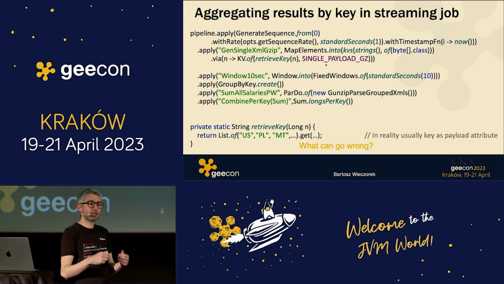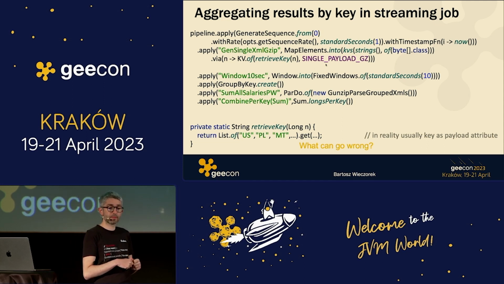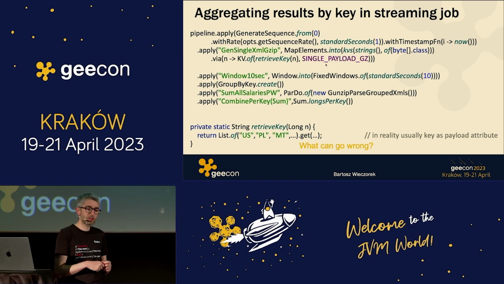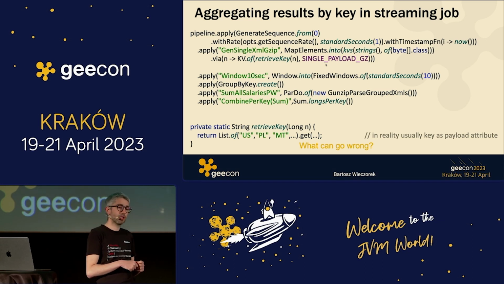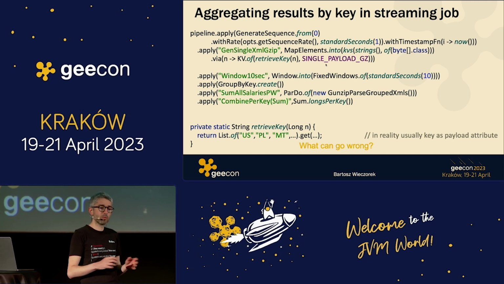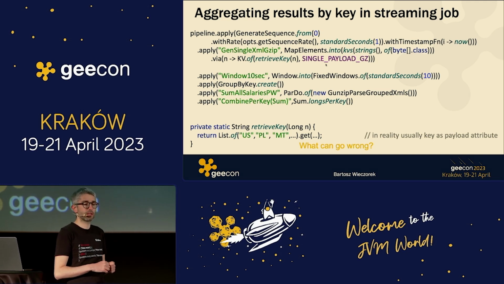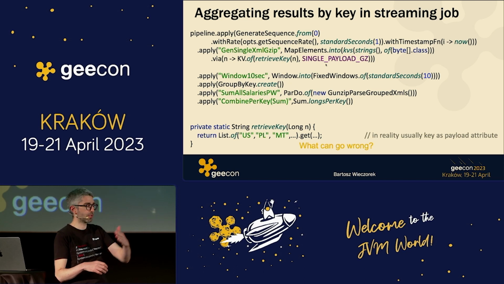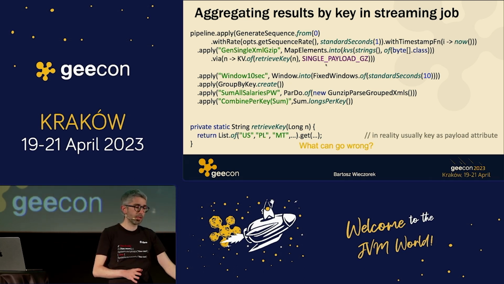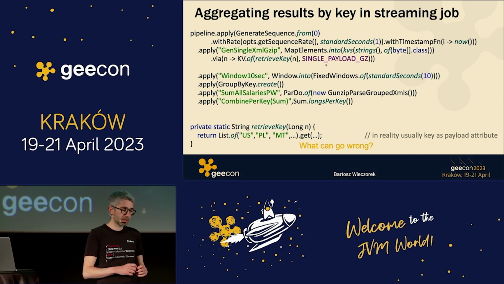Let's imagine that we've got this continuous flow of incoming XMLs to our system, and somebody is interested in knowing the sum of salaries, maybe a little bit of an artificial example, every 10 seconds. So the elements that are arriving will be grouped based on the time when they were generated by the source.